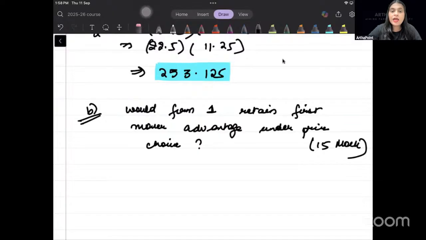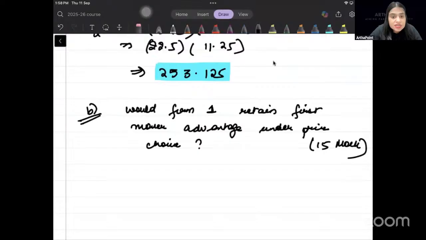Okay, look, we know that had it been a simultaneous game, if it is a simultaneous price game, we know that in that case it is very simple that we will end up with the Bertrand paradox and ultimately both firms will have P equal to MC. That is clear to us.